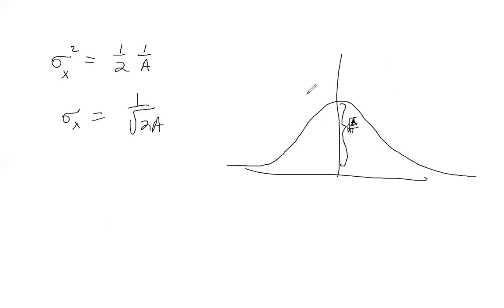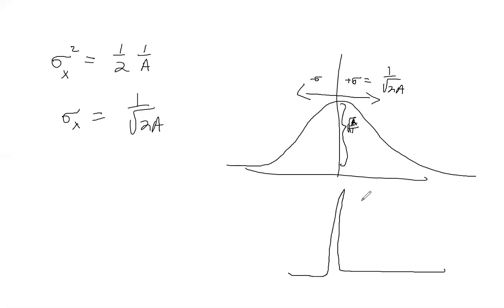On the other hand, what is the typical width? Well, you'd have plus sigma, and on this side you have minus sigma. And sigma is 1 over square root of 2a. So that means if a is large, it starts to look like a very narrow spike.